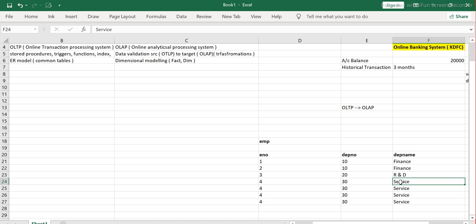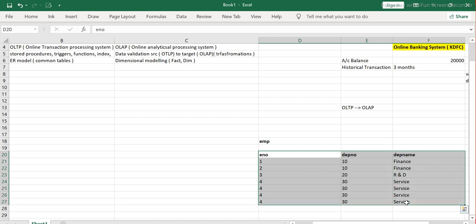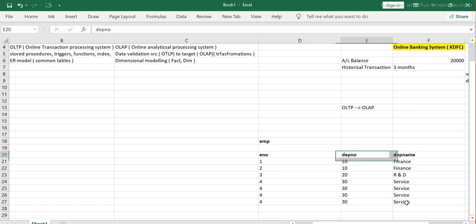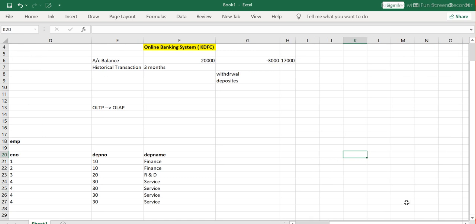So what I can do is break this employee table into two tables. When we break this employee table into two tables, that is called the normalization process. Let me show you how we break it. I will create two tables now, an employee table and a department table.